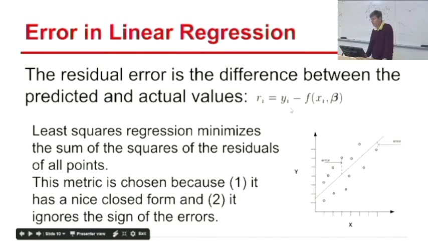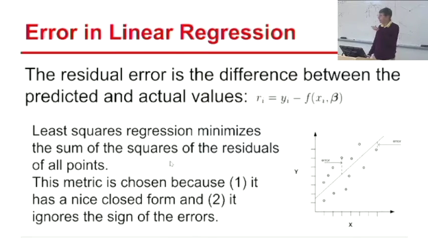The difference between the y value and our predicted value is the residual error, okay? And the standard least squares curve fitting algorithm has the property that it finds the line that minimizes the sum of the squares of these residuals over all points. Okay? Any questions?